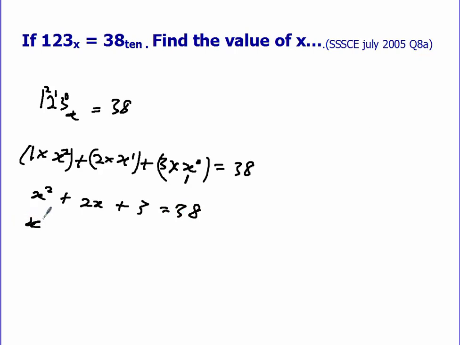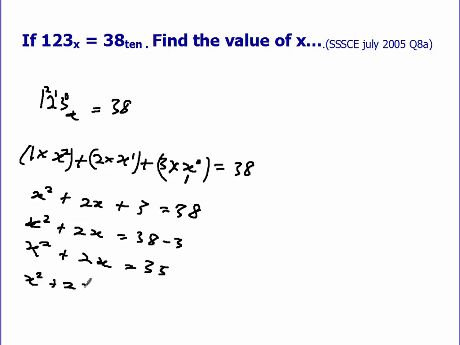So x squared plus 2x equal to 38 minus 3. x squared plus 2x is equal to 35. Okay? Good. Now I'm going to form an equation, x squared plus 2x minus 35 equal to 0.